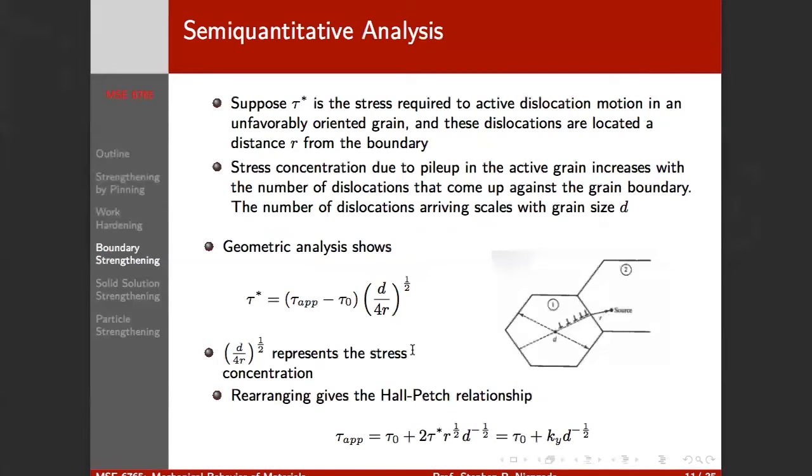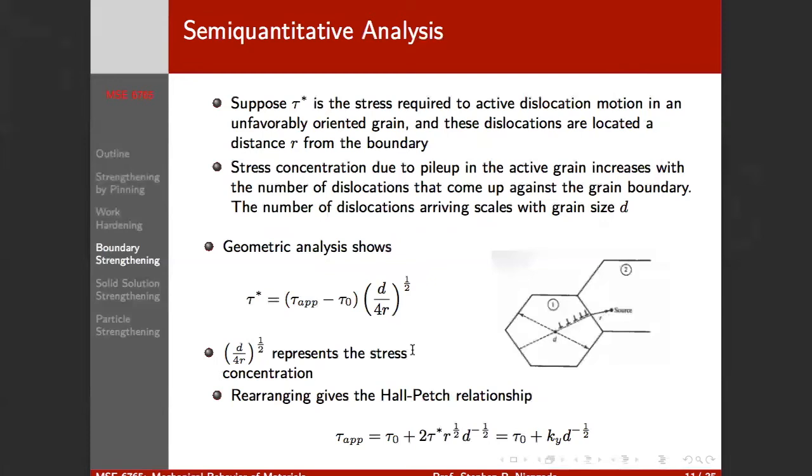So the more this grain deforms, even if our macroscopic stress isn't changing, we're altering the stress state in this grain. And eventually this pileup stress concentration becomes large enough that we can activate this source and we get slip in this grain, right?